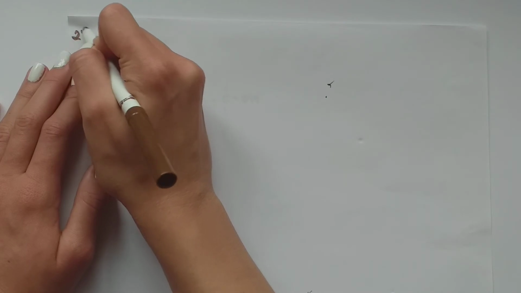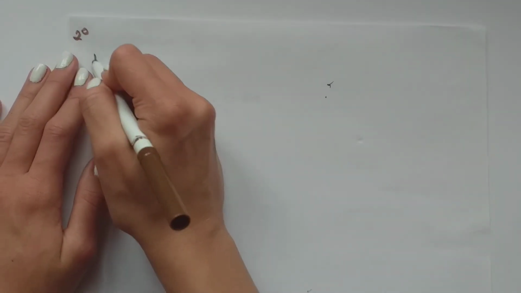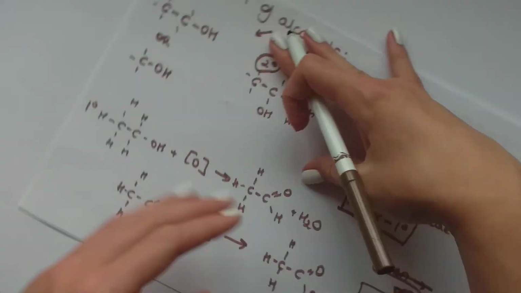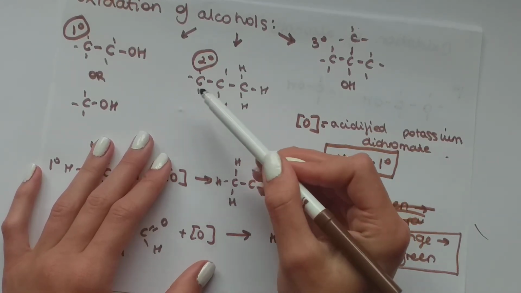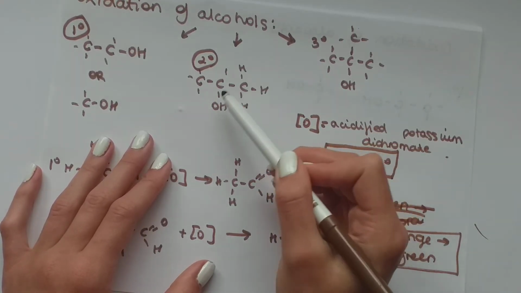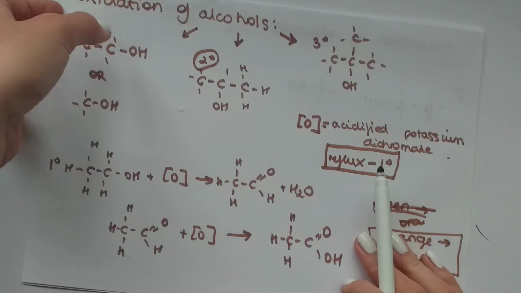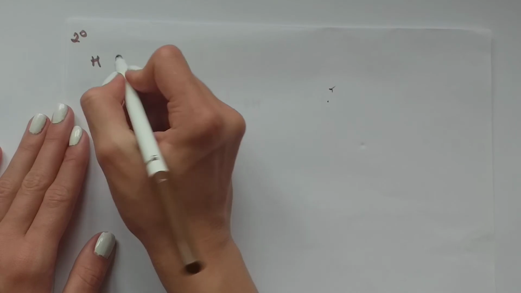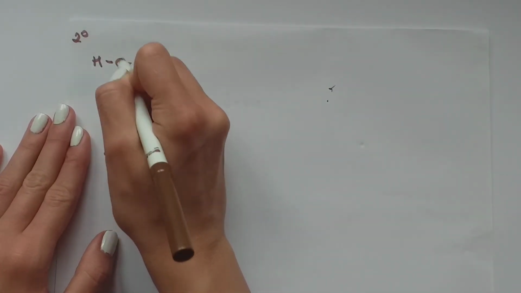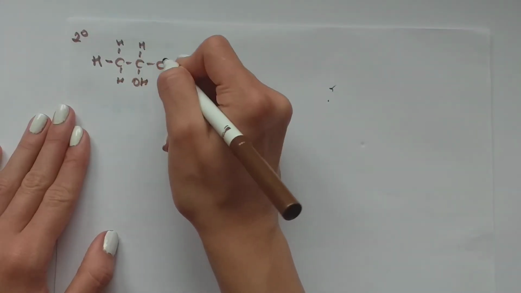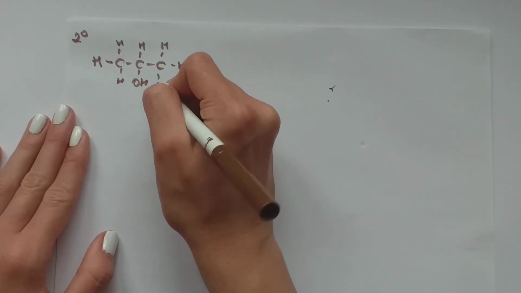However, with secondary alcohol, this looks slightly different. The secondary alcohol that I showed you here is 2-propanol, so we're going to use this one in our example. 3 carbons, the OH group is in the middle, then you have H's all around, our hydrogens.